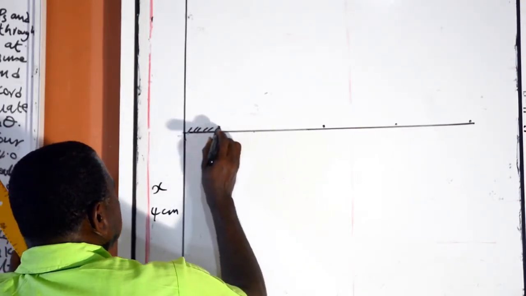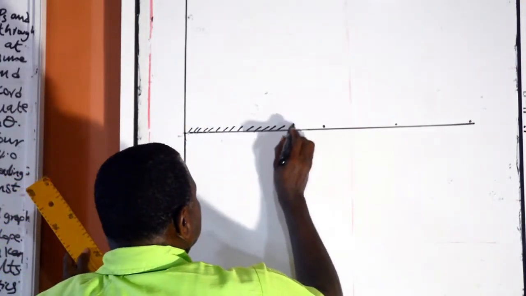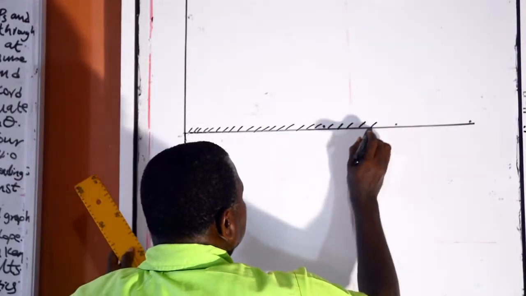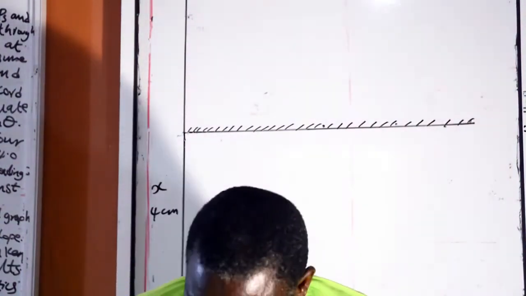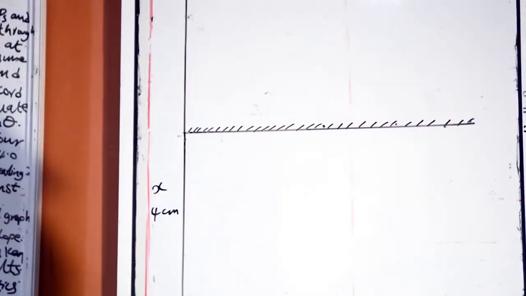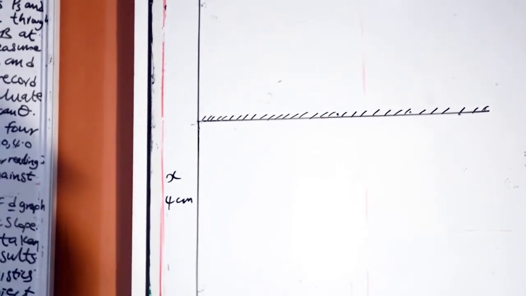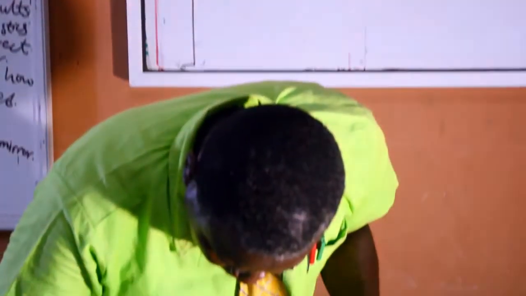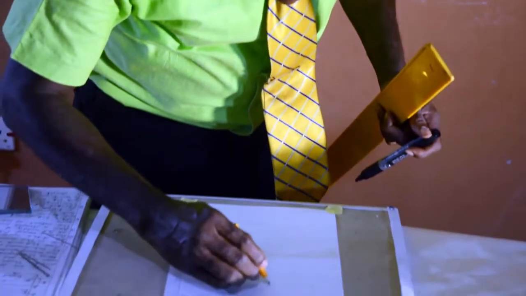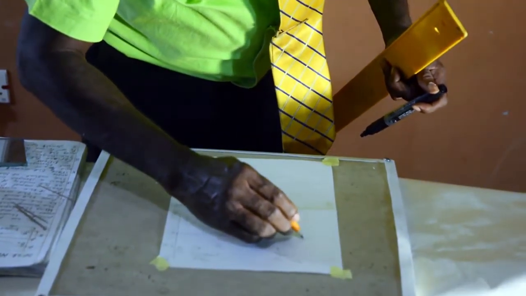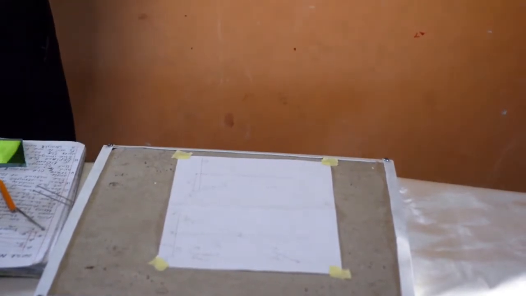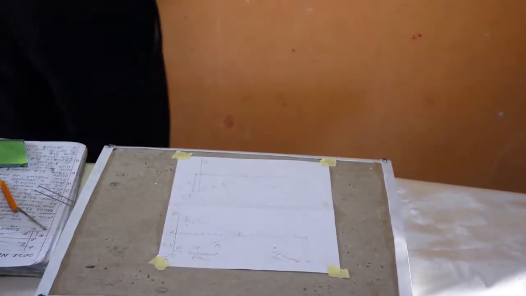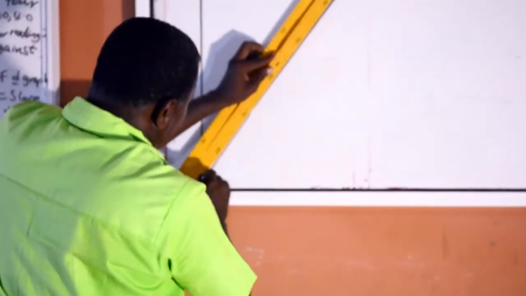This one indicates that the mirror is painted with a darker color at the back. The mirror is painted at the back. So you join the end of 4 centimeters to the middle.